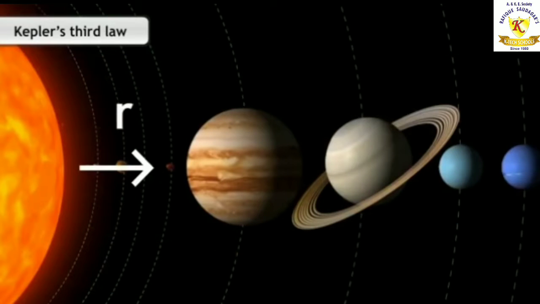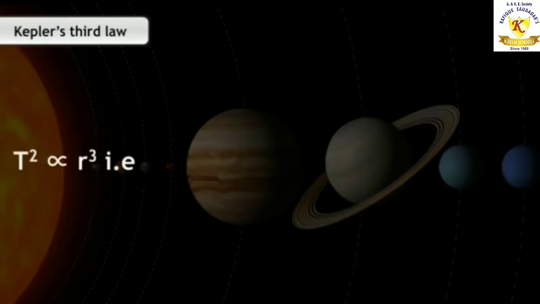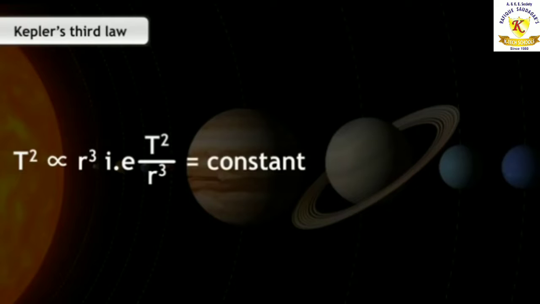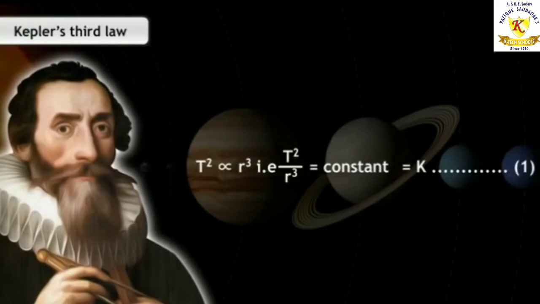Thus, if r is the average distance of the planet from the Sun and T is its period of revolution, then T square is directly proportional to r cube. That is, T square upon r cube is equal to a constant, k. Let this be equation 1.